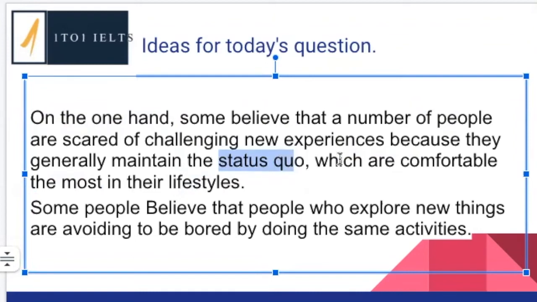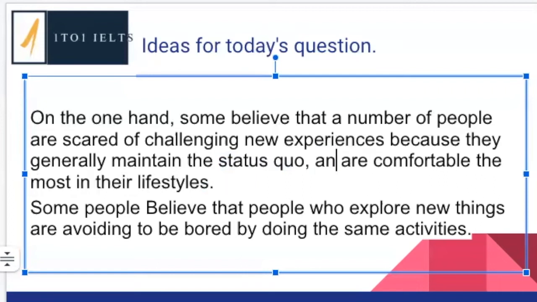No. So Mary asked, what is status quo? So status quo is basically when you don't like things to change. You like a situation to stay the same. This is your status quo. So what we're trying to do, I think the student's trying to do here, is add information. So what would be a good way to just normally add information? Is there a conjunction we can use to add information?